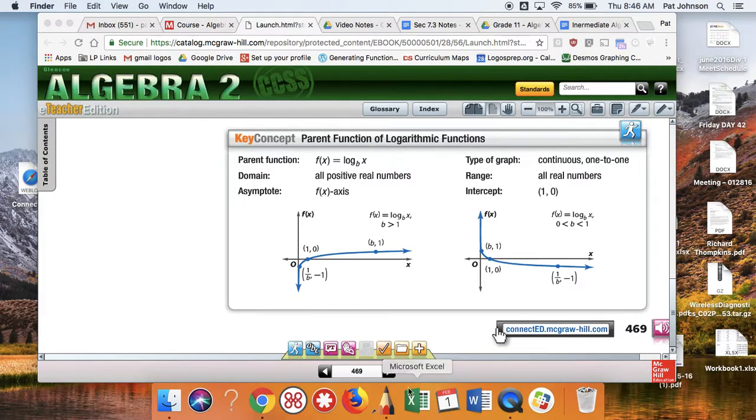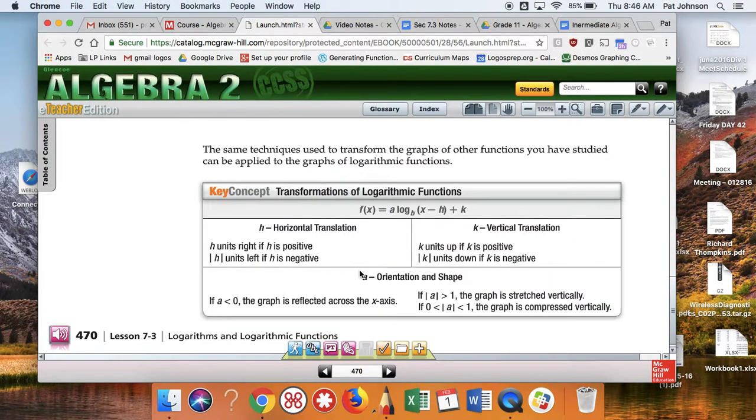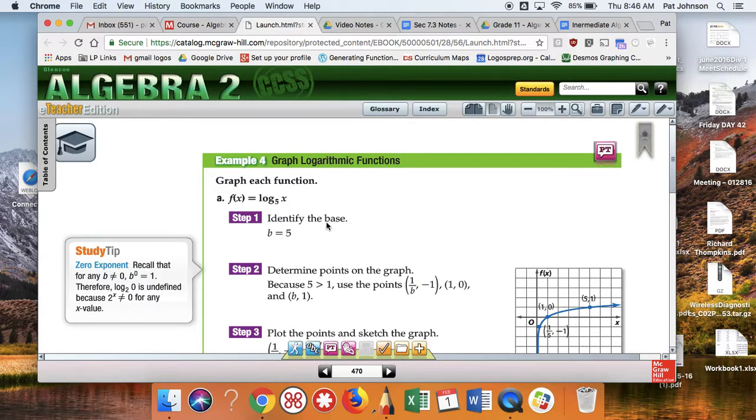Okay? So let's look at an example of graphing. They want us to graph the function f of x equals log base 5 of x. So first of all, we're going to identify our base, which is 5. We're going to use these 3 points, 1 over b, negative 1, 1, 0, and b, 1.